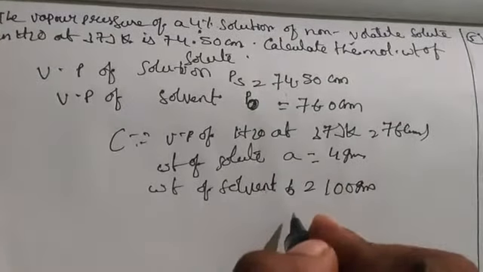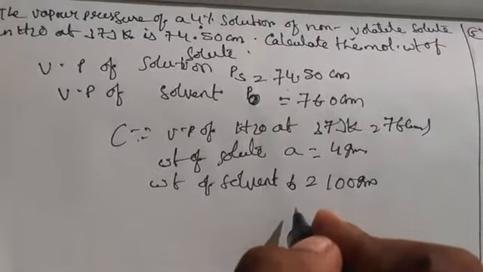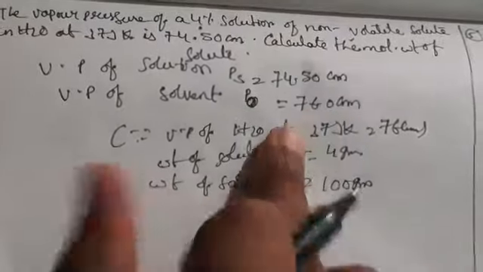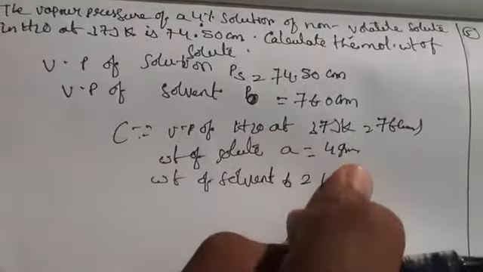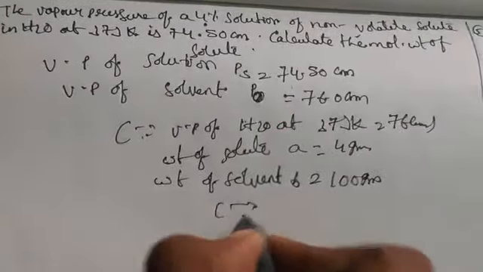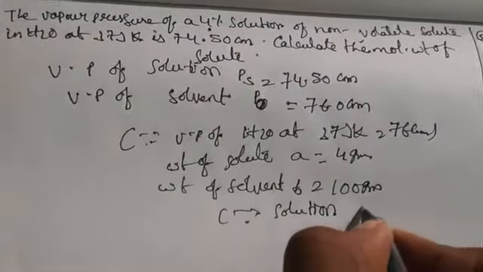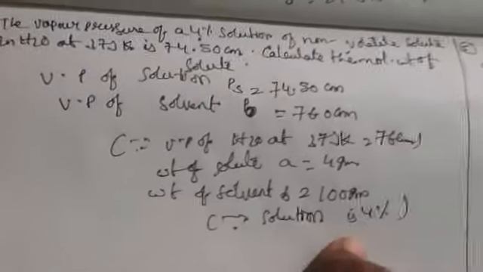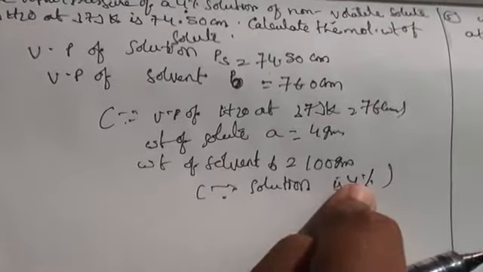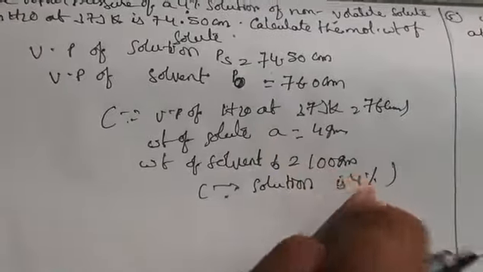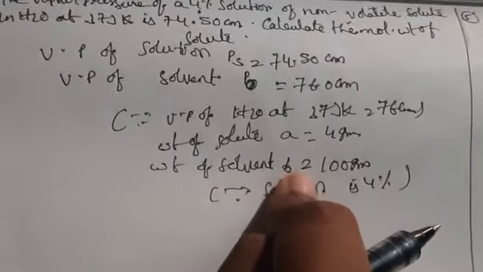Why? Because the solution is 4%, 4 in 100. So 4 will be the solute, and since in the question they have said the solution is 4%, it means 4 grams consists of solute and 100 grams consists of solvent here.